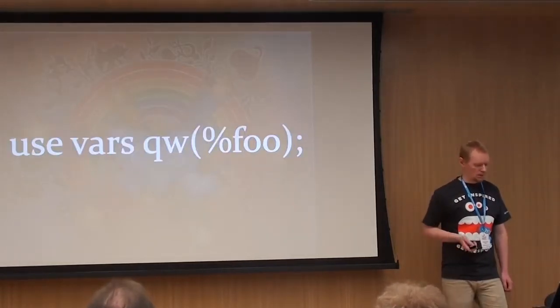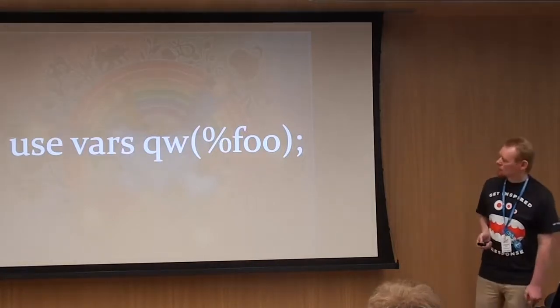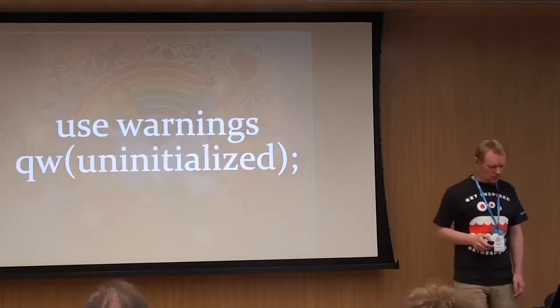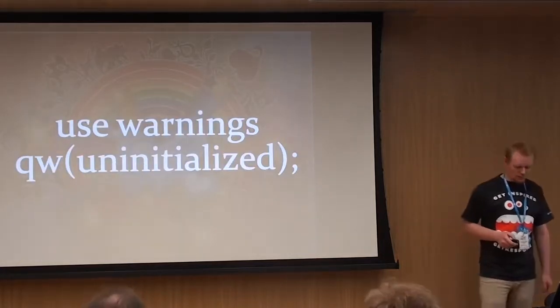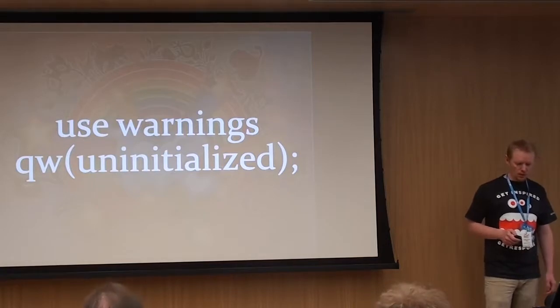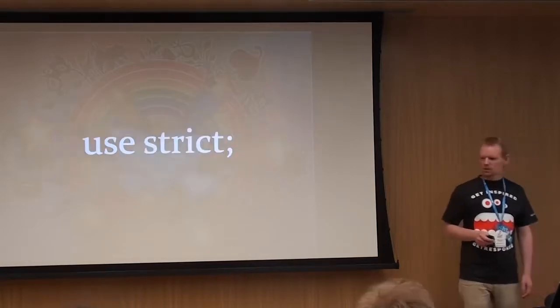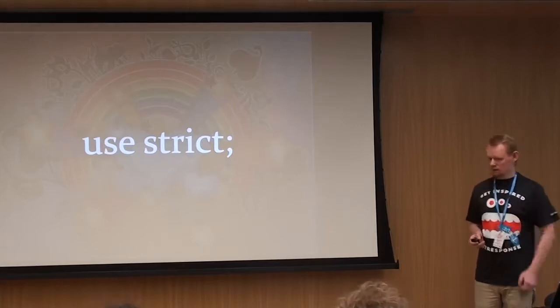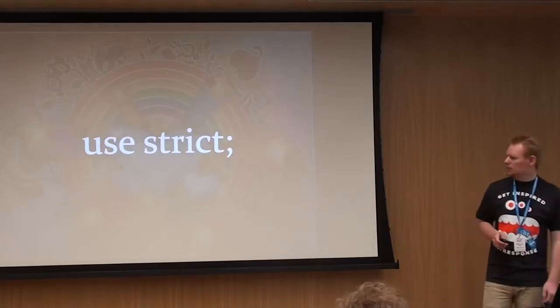We also can declare variables like this. At the top of our program, for example, we can use warnings for different kinds of categories. We have a use strict, which is a kind of interesting aspect because Perl 6 only has strict.